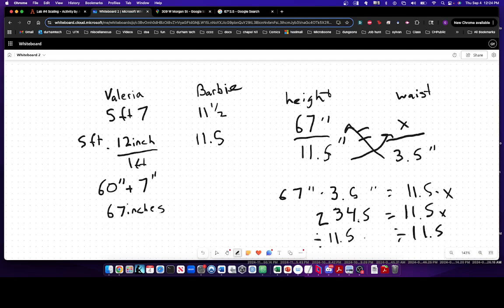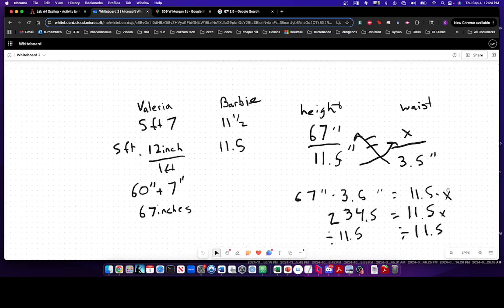So the same way if we said 2 times 5 is 10, if we divide both sides by 2, we could find the original number, which is 5.